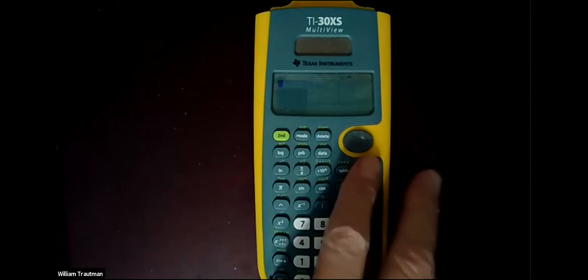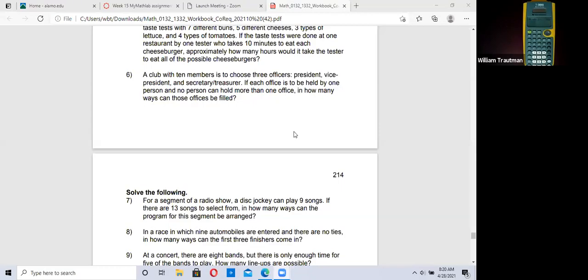Number 1 is P. Hit 1 or enter, 3, and there's our answer, 720. 10P3, so you have to go to 10, probability, number 1 and 3. Okay. So number 6, I get 720.